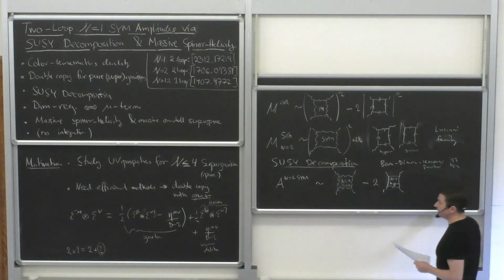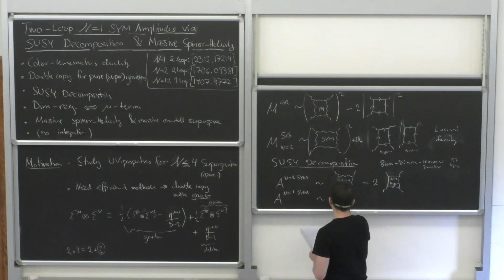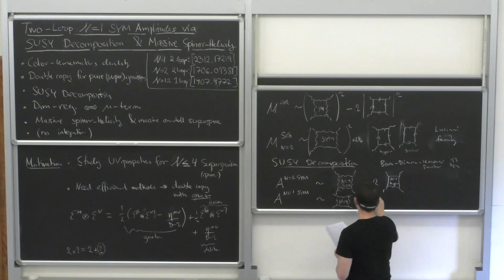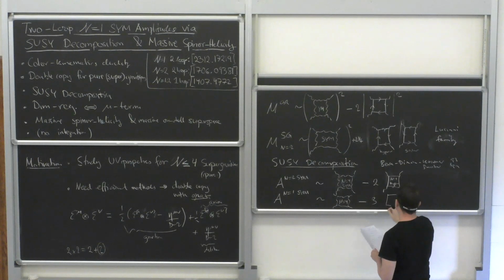And we can do the same thing if we want to, for example, do n equals 1 super Yang-Mills. Again, we start from maybe the same graph. We know that n equals 4 is very simple, so we start from n equals 4, and then we subtract 3 hypers.